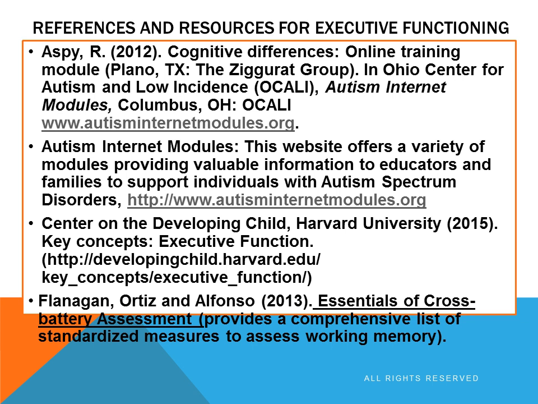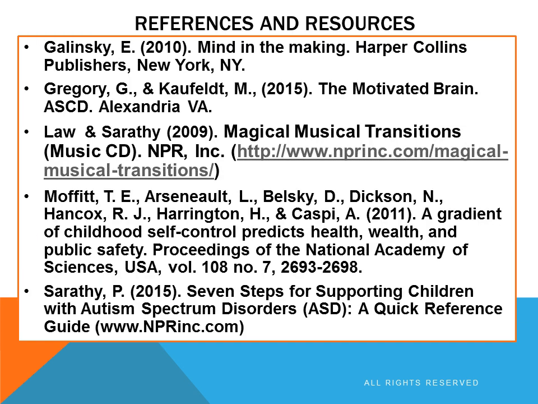The Center on the Developing Child at Harvard University has lots and lots of resources about executive function. There is one assessment tool for those of you diagnosticians. If you're looking at an assessment tool, Essentials of Cross-Battery Assessment will also help in assessing for EF strengths or deficits.